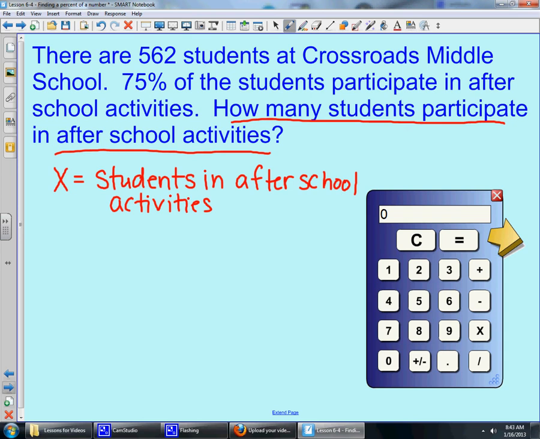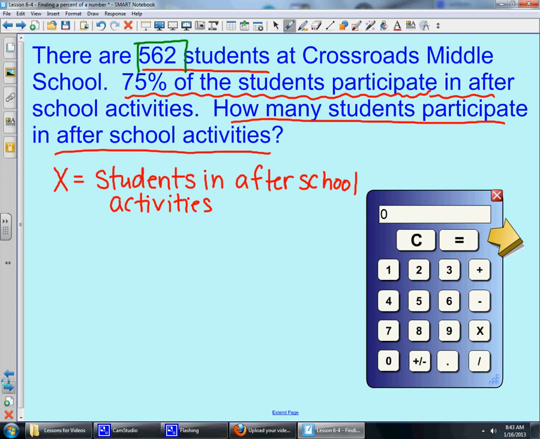So now we're going to go back and look at the story problem and see if we can find the sentence that's going to help us create our math sentence. So it says that there are 562 students at Crossroads. That's some important information. 75% of the students participate in after-school activities. This is what we're going to use to help us calculate the problem. 75% of the students. So how many students are there in the school? Right here, 562.